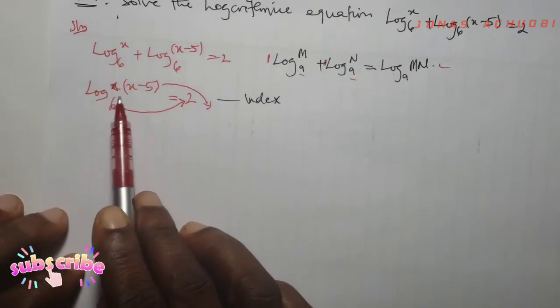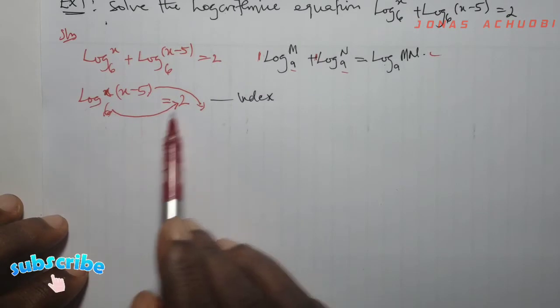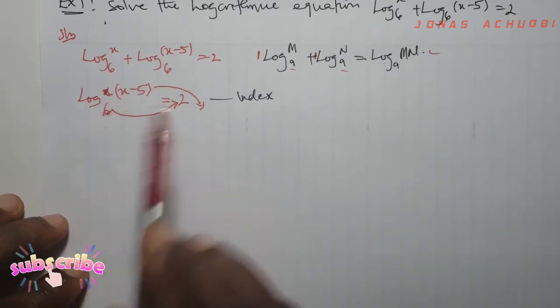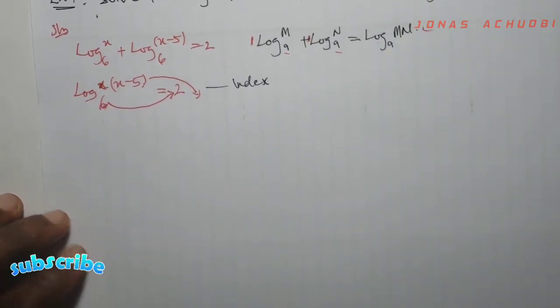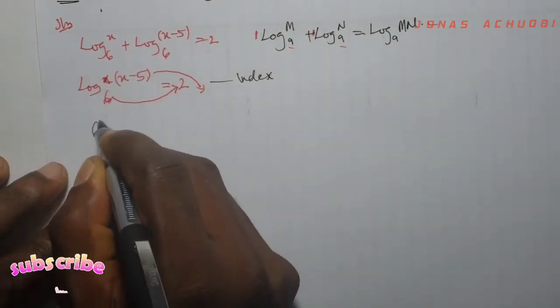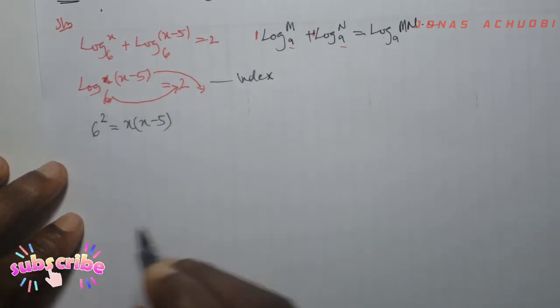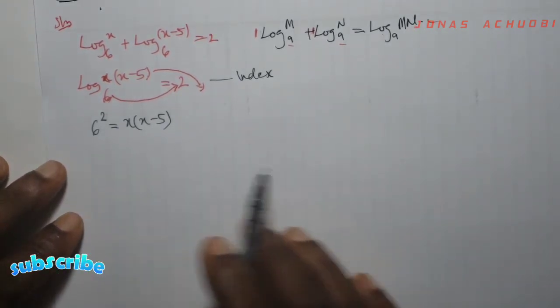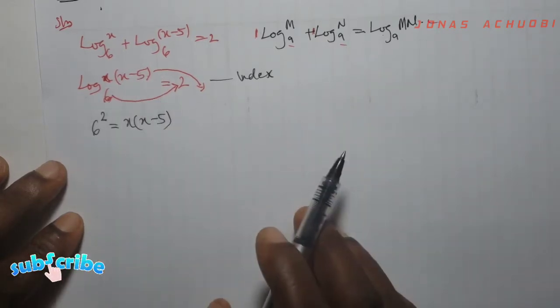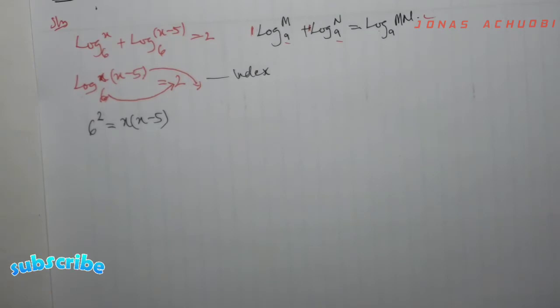So log of x times x minus 5 base 6 equal to 2 in index form, 6 will carry 2 as its power, and then we drop this other term to the right hand side. So if we do that, we will now have 6 raised to the power 2 is equal to x into x minus 5. And what we now have here is the index form of this log form. And it is now easier to solve from the index form.